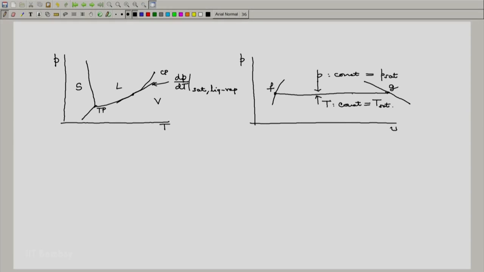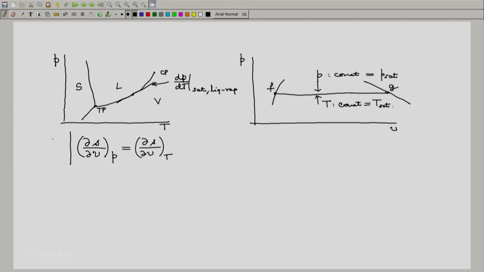Now since this line is both an isobaric line as well as an isothermal line, we can write the variation of entropy with respect to specific volume on this line at constant P to be equal to variation of entropy with respect to volume at constant T on this line.